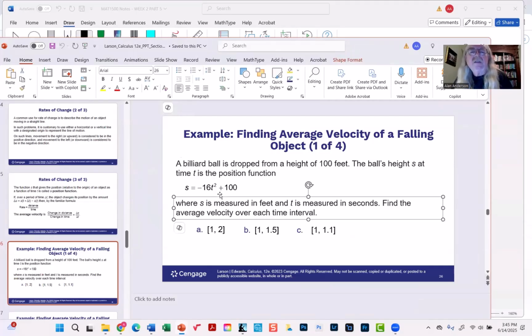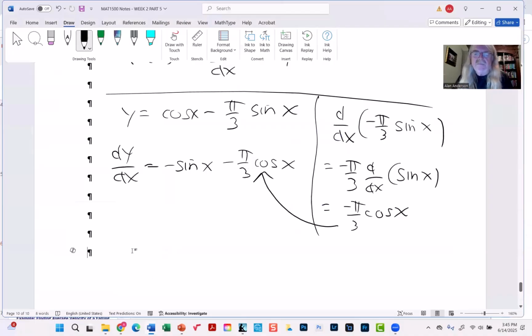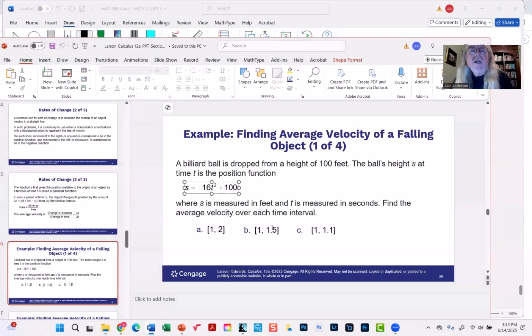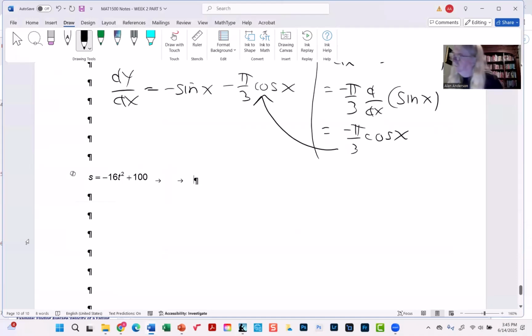So the average velocity, let's see. So on the previous slide, they told us that the average velocity is, but in the limit, this could be written as ds dt.